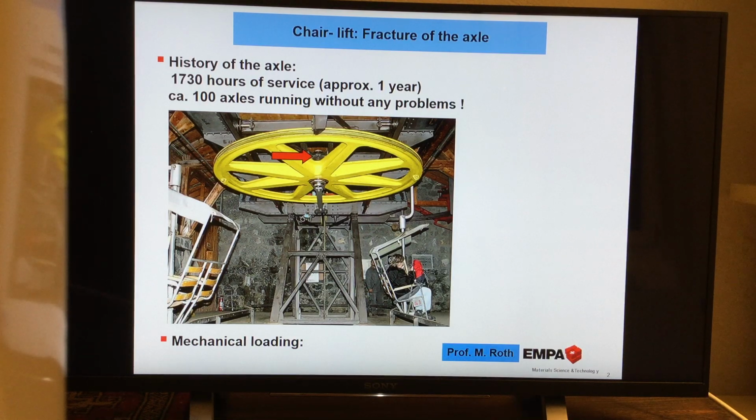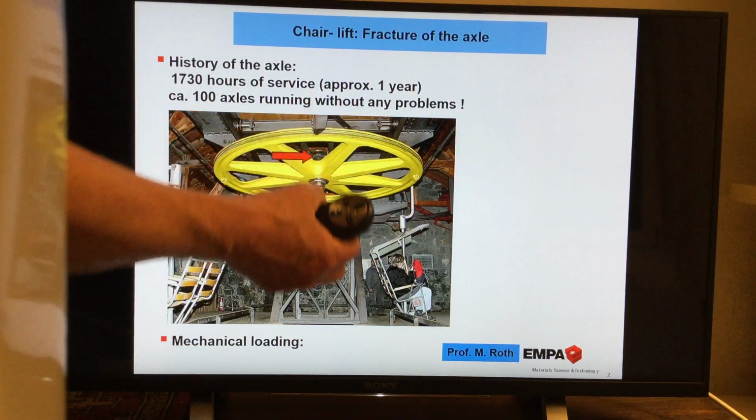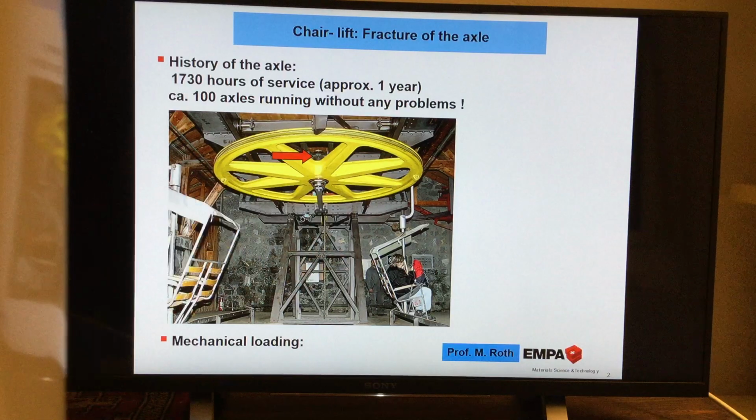Now, as all the time the same, we have to ask ourselves, what kind of mechanical loading is on this kind of design, on this component? First, what we think of is clear, that this wheel here has a certain weight. So there is a weight, a stress just here going down. However, that's not the main load.